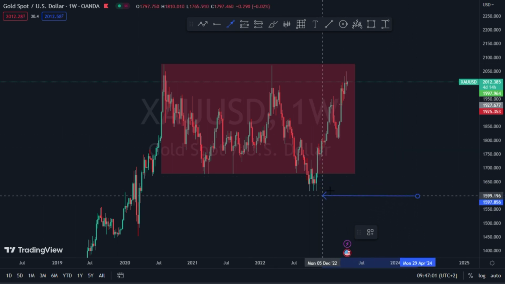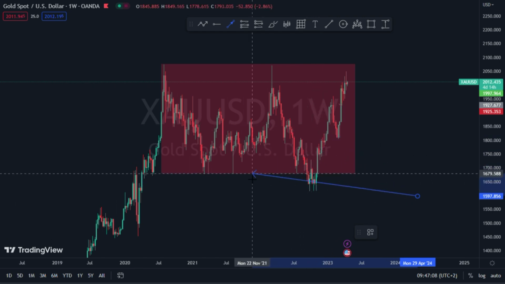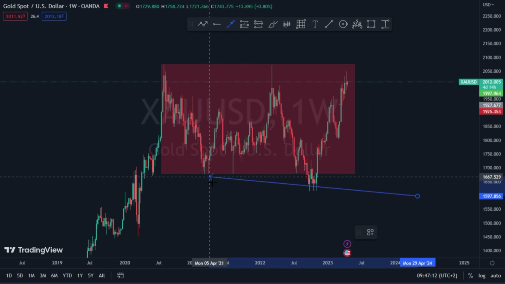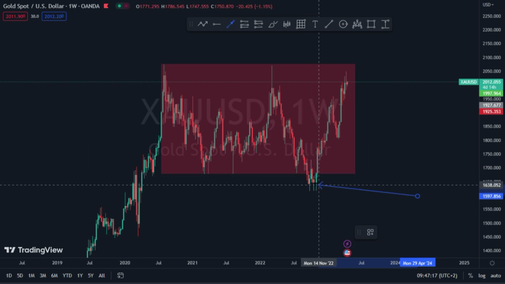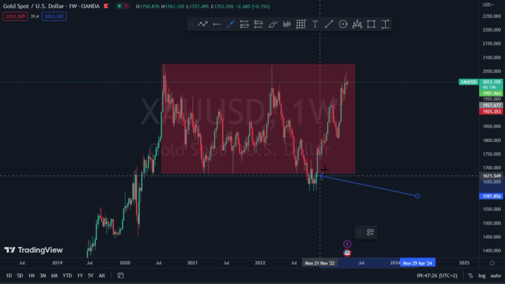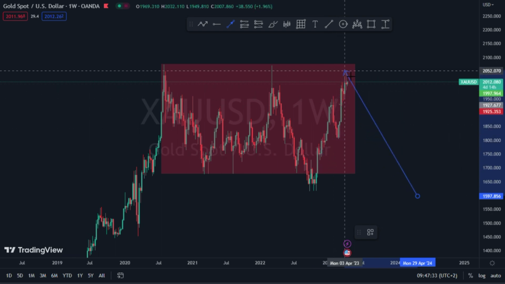Here the market did break below these areas of value, but as soon as it did, it indicated a change of direction because of this candlestick's rejection. And as soon as the next candlesticks broke above these previous candlesticks, that was a confirmation that the market is about to push to the upside, right?